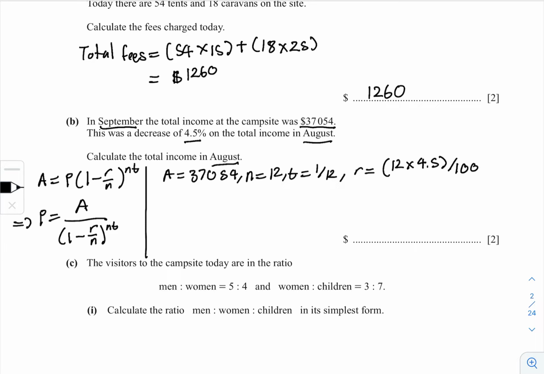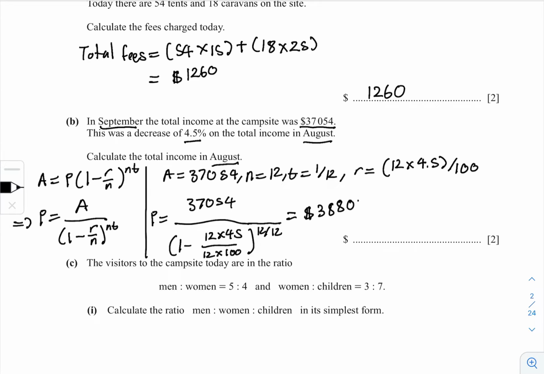Therefore, we get P equals 37054 divided by (1 minus 12 times 4.5 over 12 times 100) to the power of 12 divided by 12. By plugging all of this into the calculator, you should get a total of 38800. Therefore, the answer is 38800.